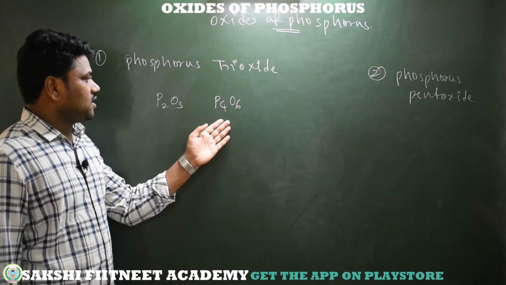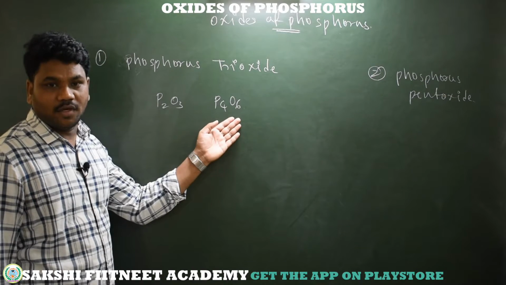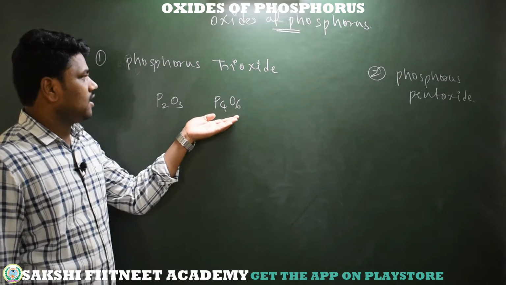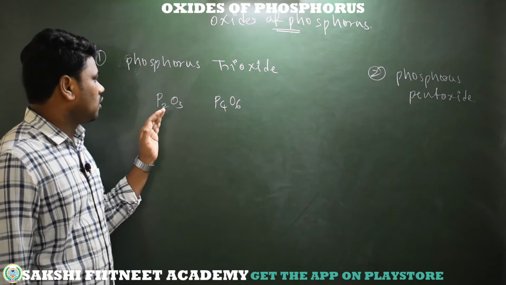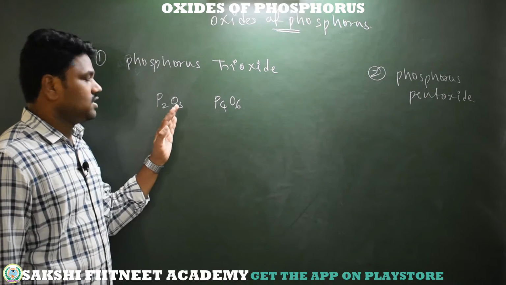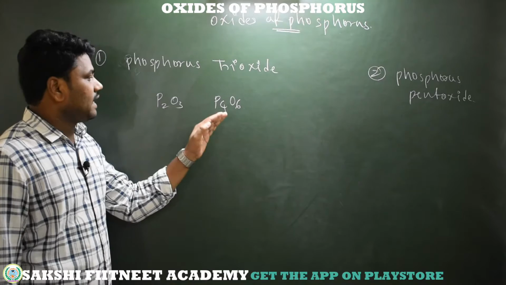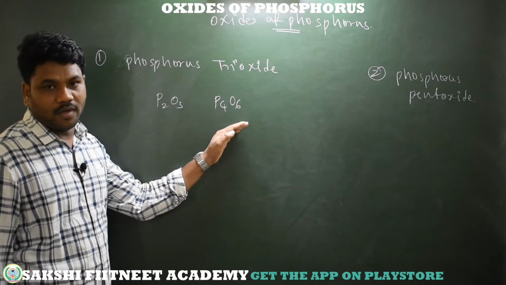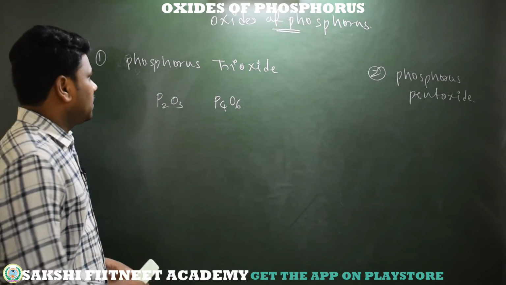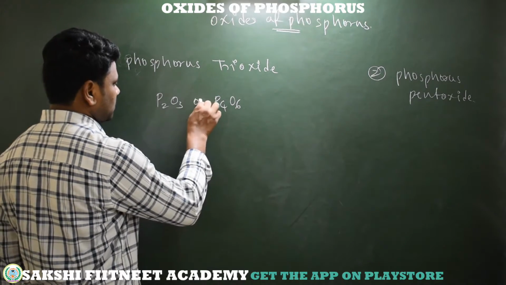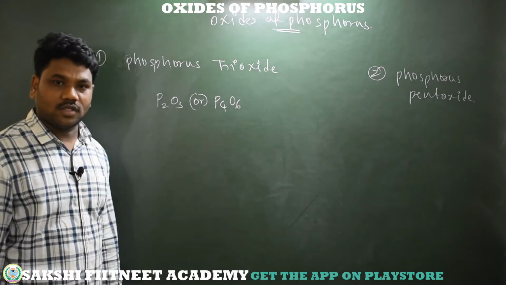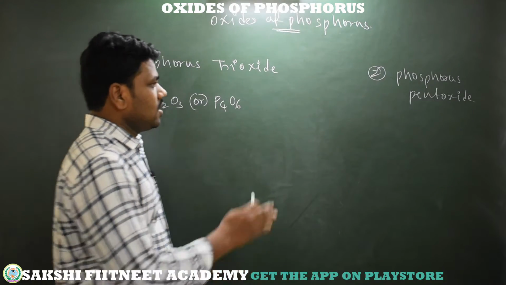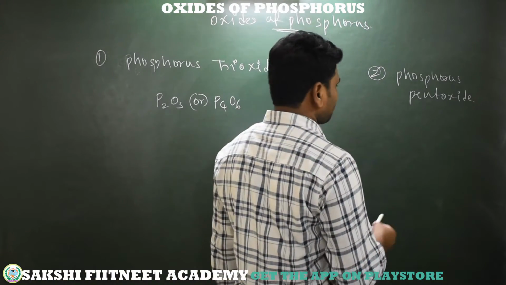So the structure exists as P4O6, and we can call it phosphorus trioxide. So we can write P2O3 or P4O6.